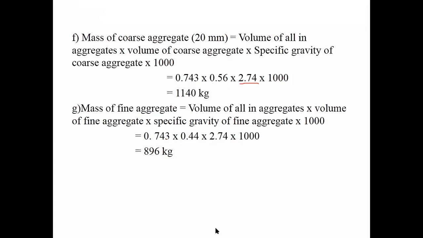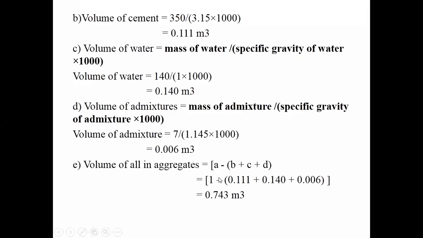Okay, the first one is, you should know this. Here you should know the concept. You should know three concepts here. One is this mass by volume concept. Unit weight is equal to mass by volume. This unit weight can be written as specific gravity into standard unit weight of water.